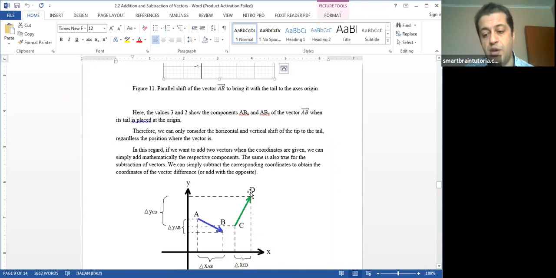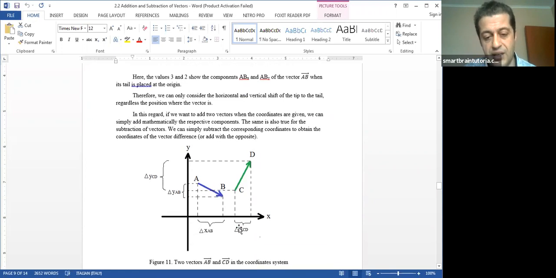But if we have more than one vector and we are going to add them, as we said before, instead of putting them one after another and applying the triangle rule, or putting them at the same origin and applying the parallelogram rule, if you have the numbers, it is not necessary to use those 2 methods, because you simply use the coordinates and you add the coordinates of the vectors.